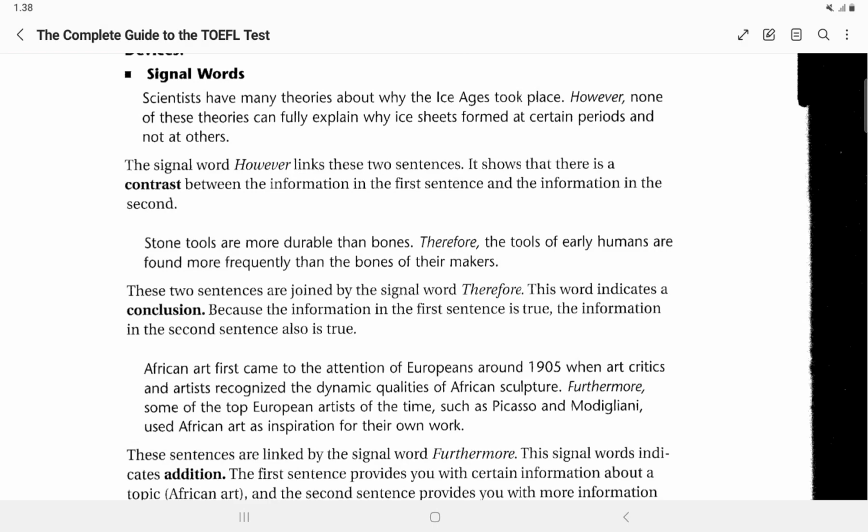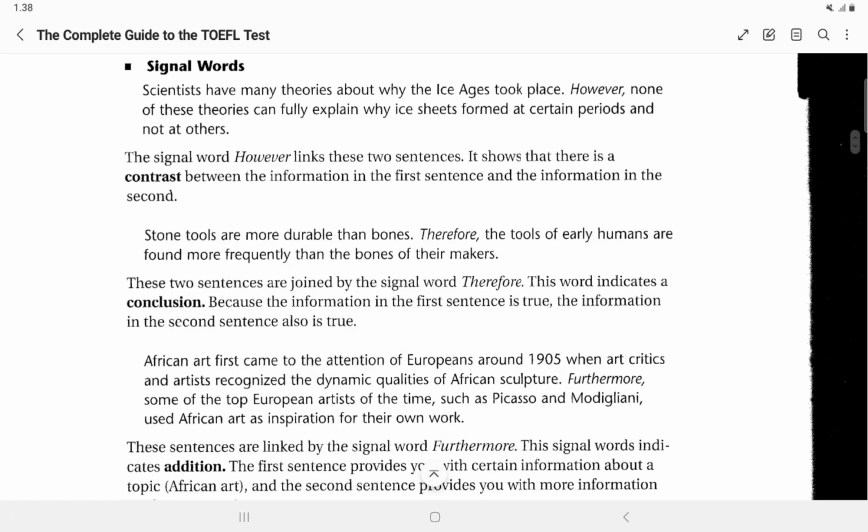However, none of these theories can fully explain why ice sheets formed at certain periods and not at others. The signal word however links these two sentences. It shows that there is a contrast between the information in the first sentence and the information in the second.